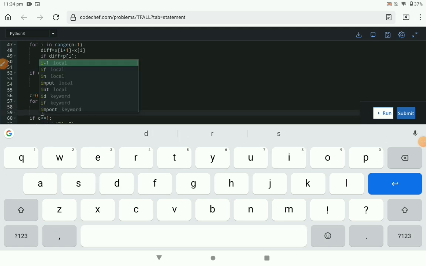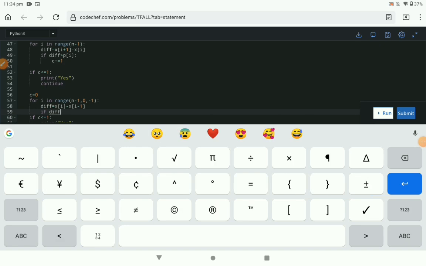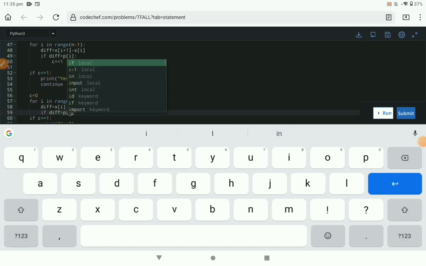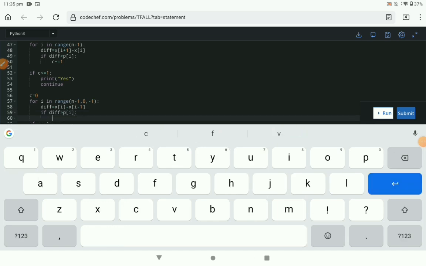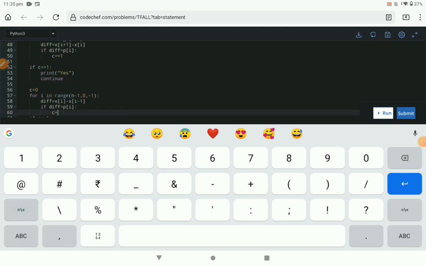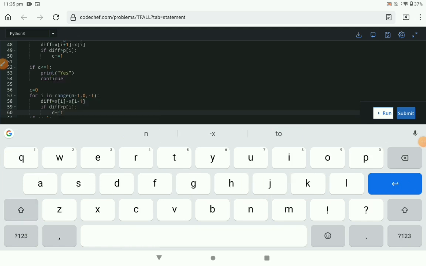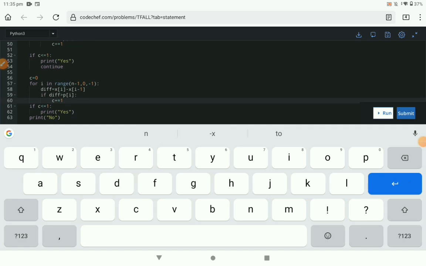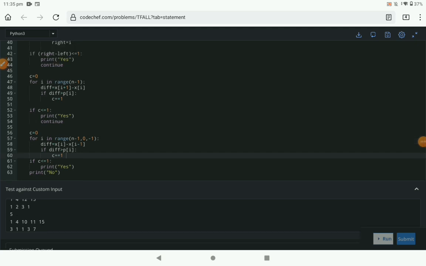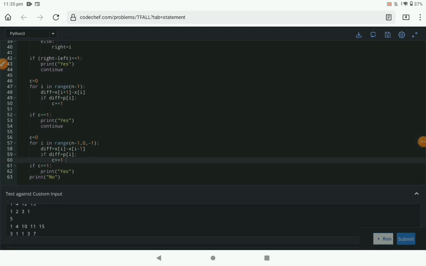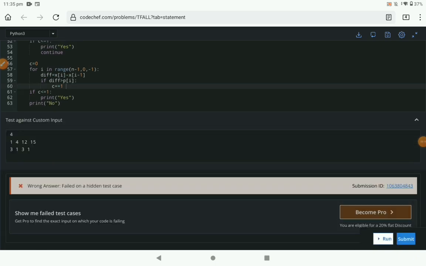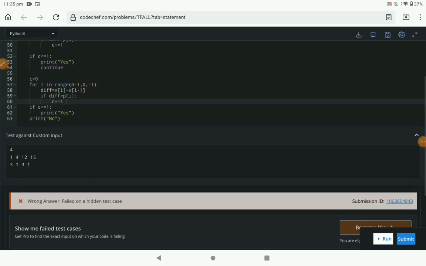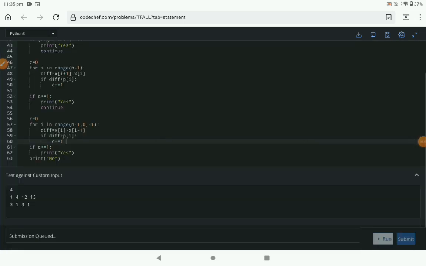So now we will check if our difference is greater than p of i, meaning the power of the ith one. So we will just increment our c. Let's try to submit it. I think now it may run. What, it's giving the output.